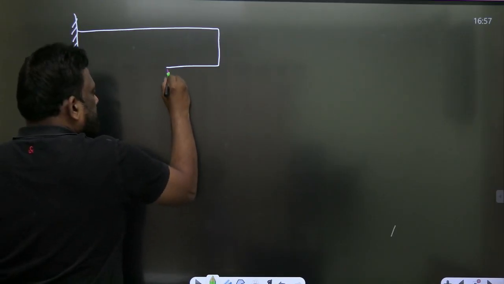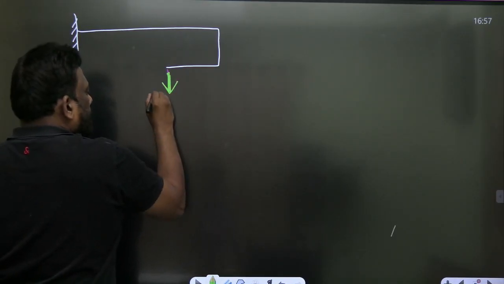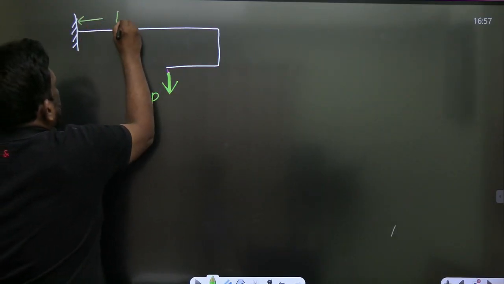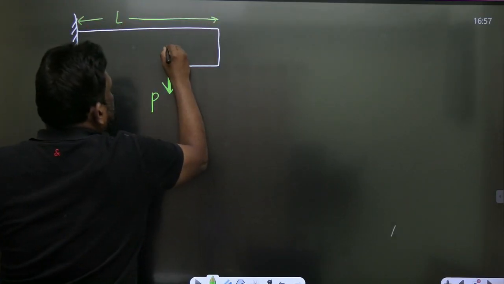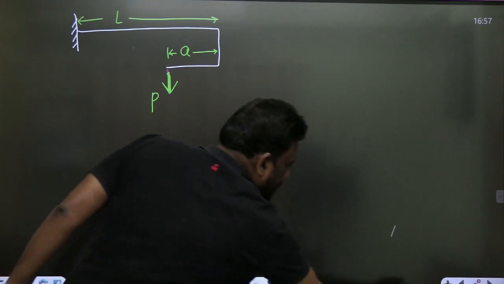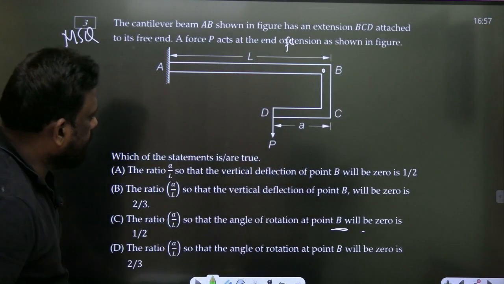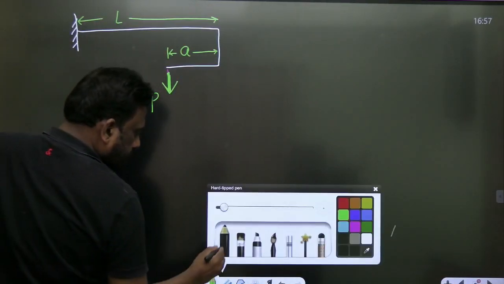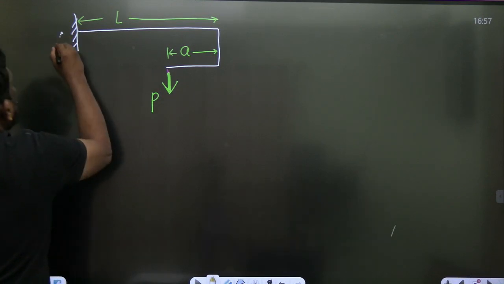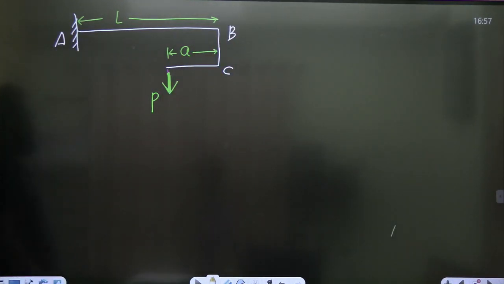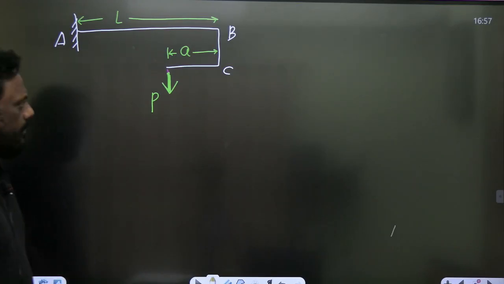Let's try, sir. There is a load P, and this length is given as L and this is given as A. Now what I do is something.